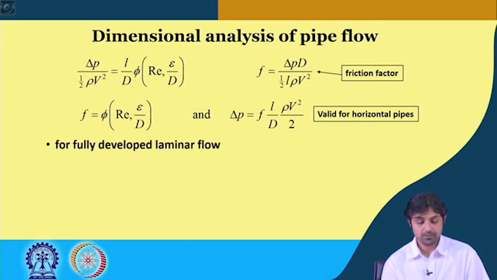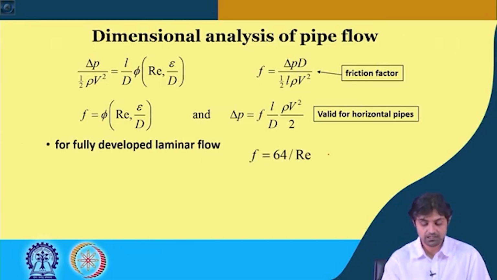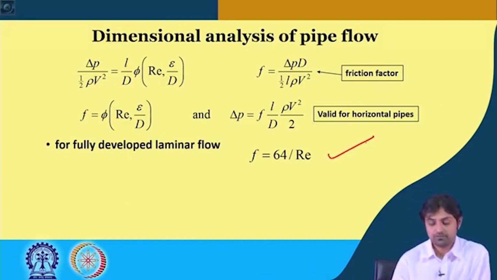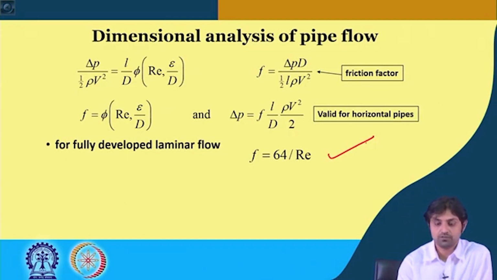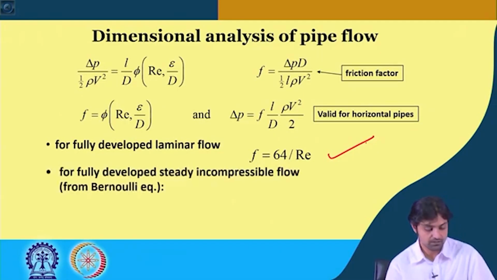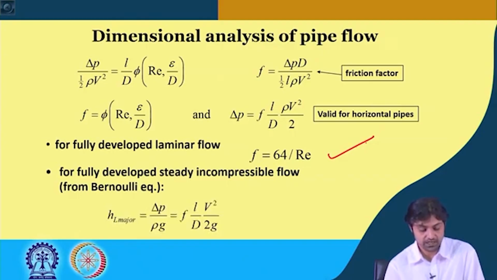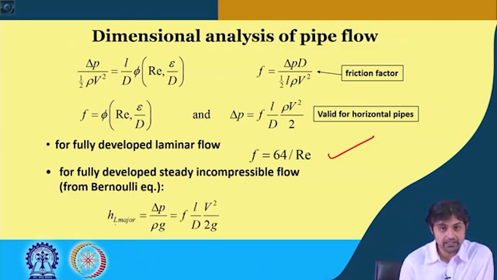Now for a fully developed laminar flow, we already found out what that F was, it was 64 by Re. From our previous lectures in pipe flow, we have derived that F is equal to 64 by Re for fully developed laminar flow. But for fully developed steady incompressible flow, we also know that the head loss, if we assume delta P is the head loss, will transform into energy loss equivalent to rho g h.